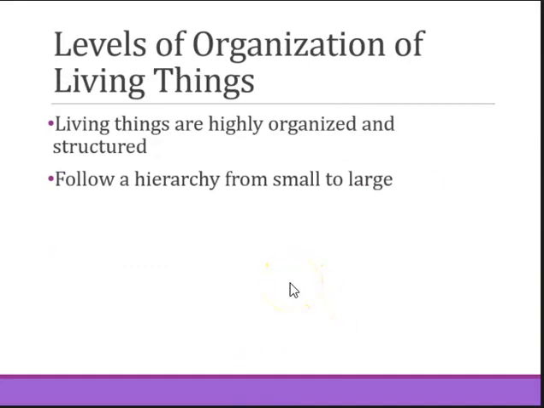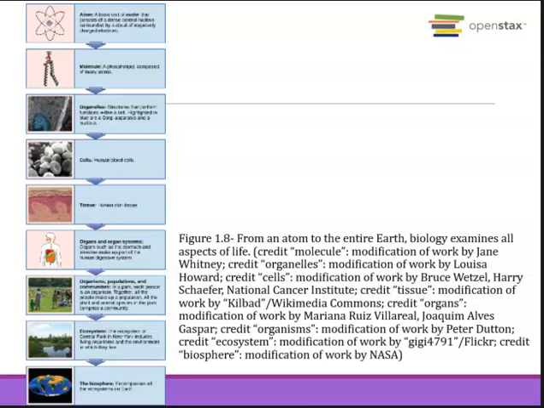Living things are highly organized and structured, and we follow a hierarchy from small to large. There are different levels of organization for living things. First we start off with the smallest and most fundamental unit of matter, which is the atom.